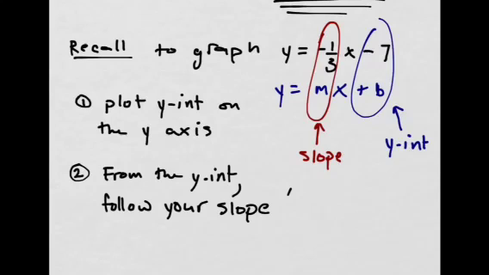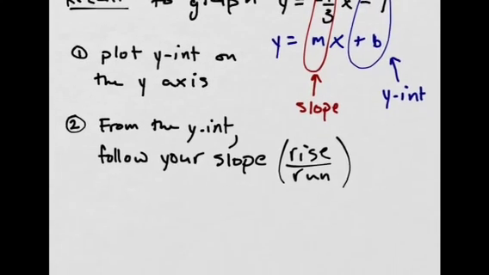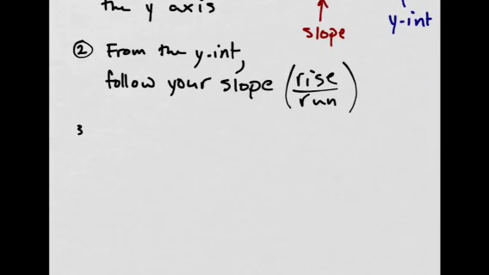Remember, the slope is the rise over run. So you'll plot the y-intercept, and from that point, count up or down however many, to the right, and follow your slope, make another point, and connect the two. So the third step is make another point and connect the two with a line.